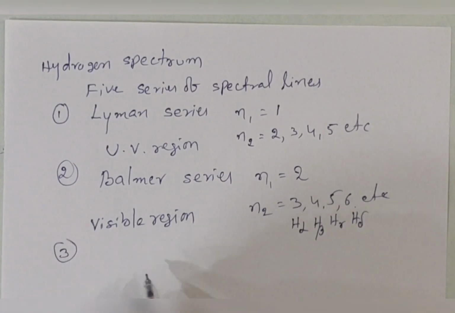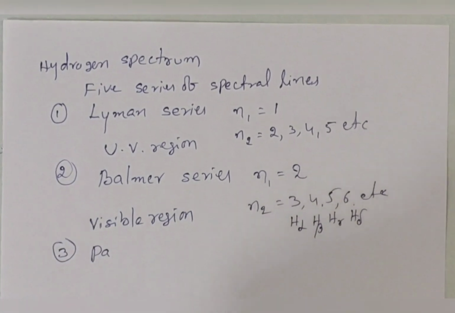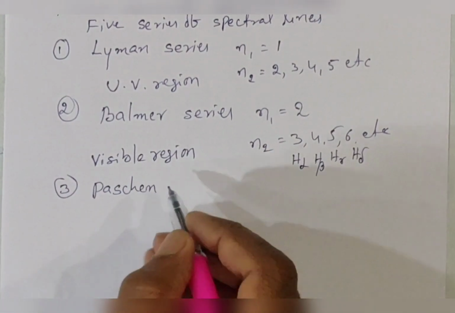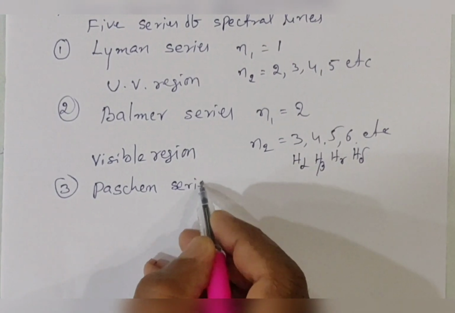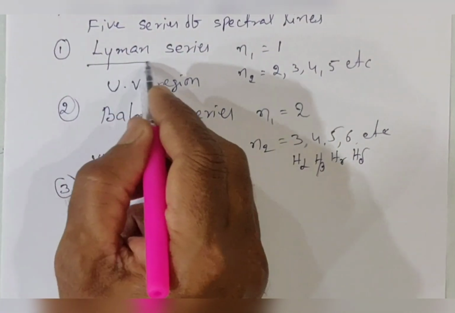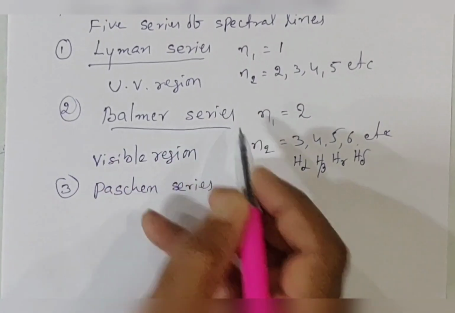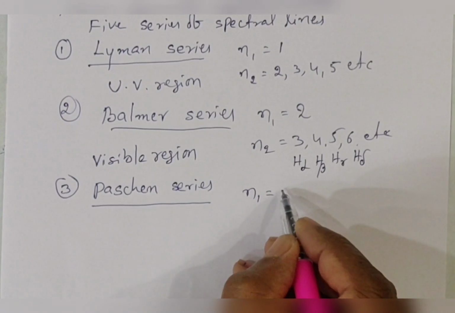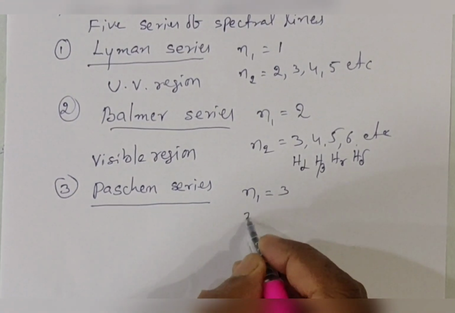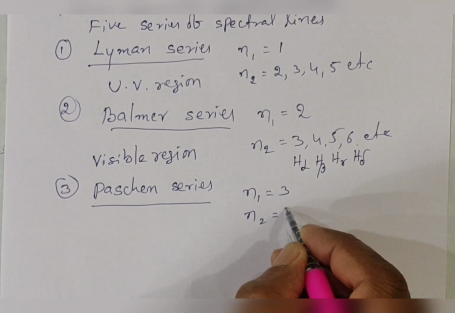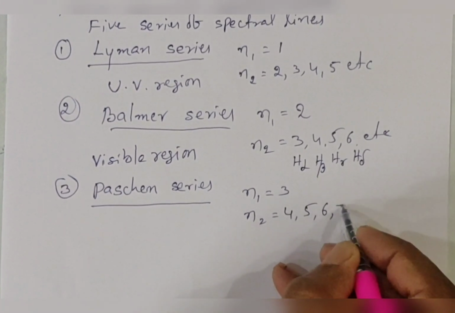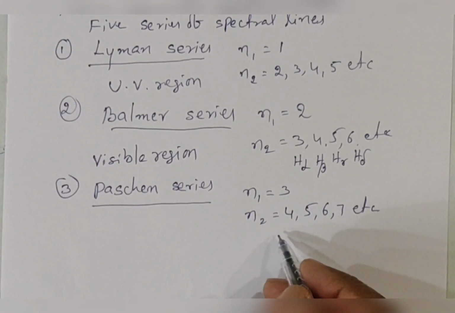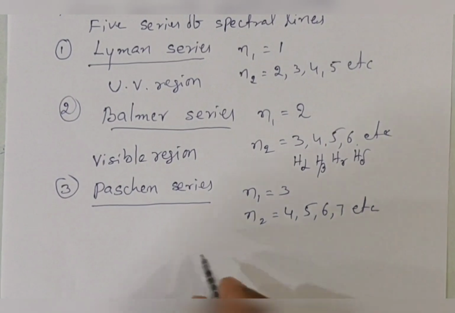The third one is the Paschen series. In this, N1 is equal to 3, and N2 is equal to 4, 5, 6, 7, etc. These values are very useful to calculate the wavelength of spectral lines.